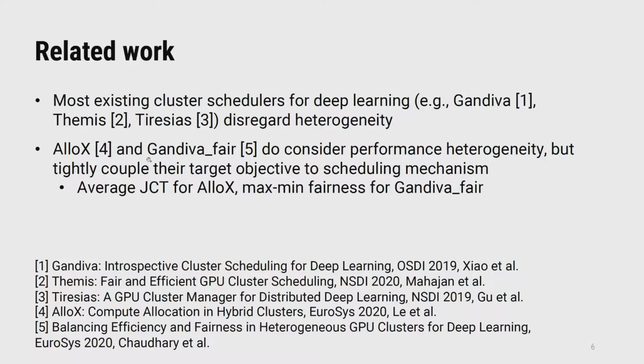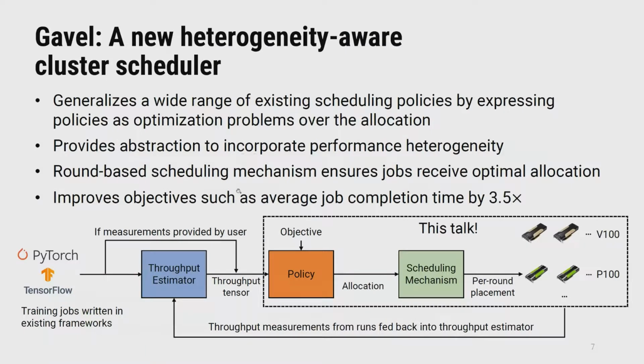But there are some other works that we didn't look at that actually compare the performance across different GPU types, but they have a single goal. They either have max-min fairness as their objective to optimize for, or the JCT, the job completion time. And this work is trying to combine all this together, and they do it in the following way.